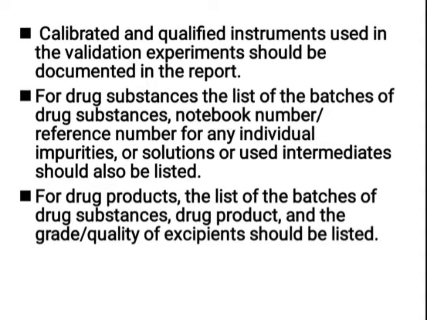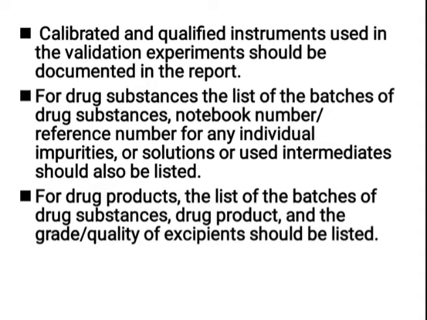Then for drug substances, the list of the batches of the drug substance, notebook number, and reference number for any individual impurities, solutions or used intermediates should be noted or listed in the validation report. Means each and every small parameter can be noted in the validation report.